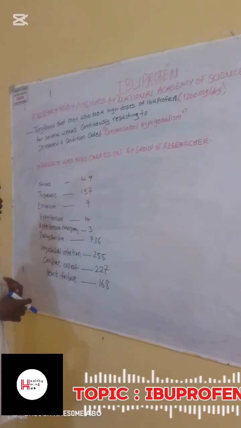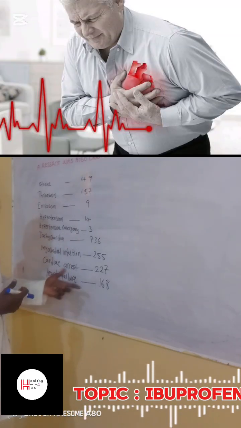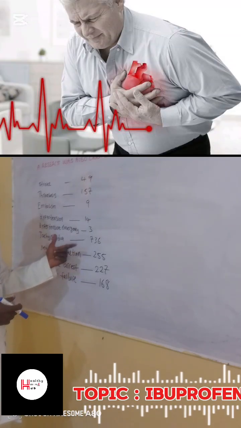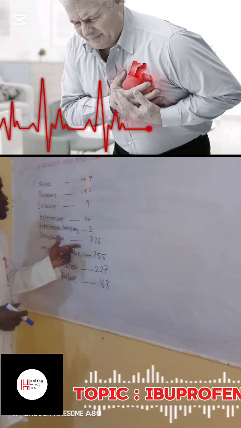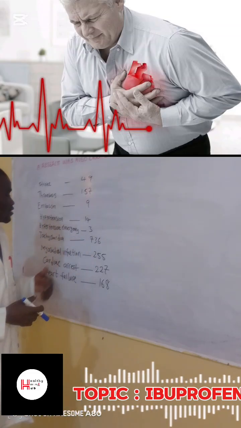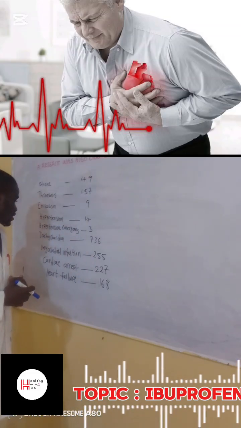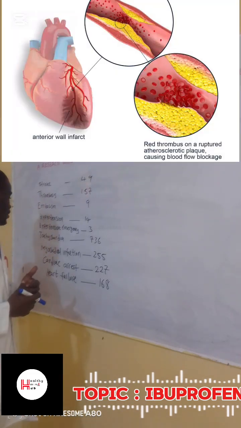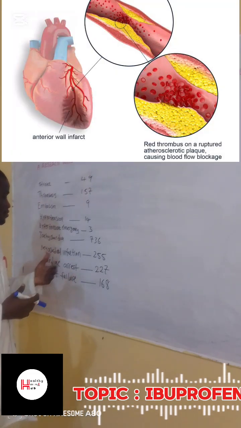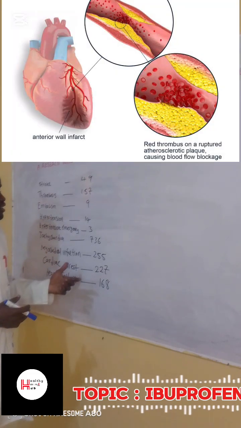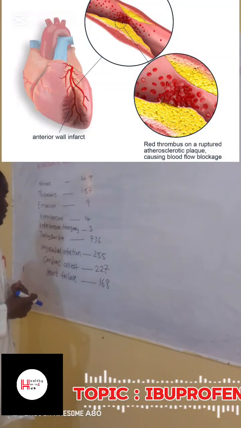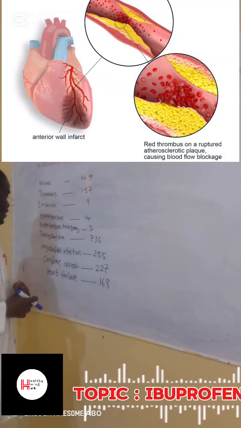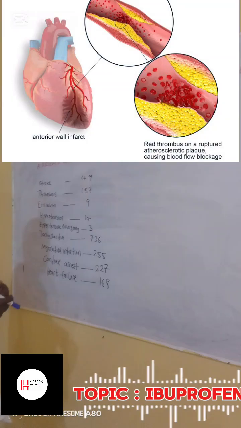While tachycardia, that means abnormal increase in heart rate, almost 736 cases have been reported. And we also have myocardial infarction, 255 cases reported on ibuprofen.